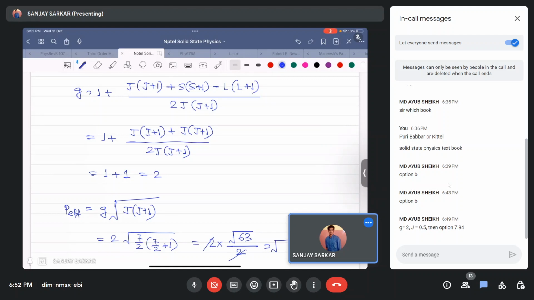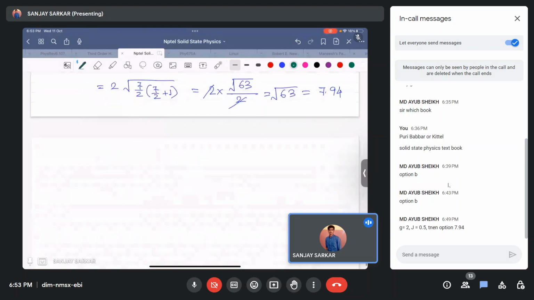This is root over of 63, and root over of 63 is 7.94. Is it clear? So the answer will be 7.94. The correct option is option B.